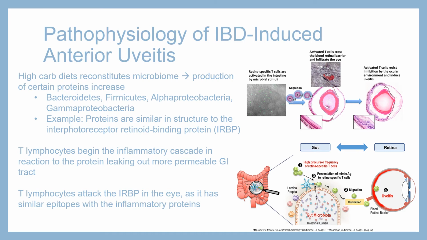So T lymphocytes begin attacking the IRBP in the gut and also in the eyes, because it has similar epitopes, or recognizing points, with the inflammatory proteins.